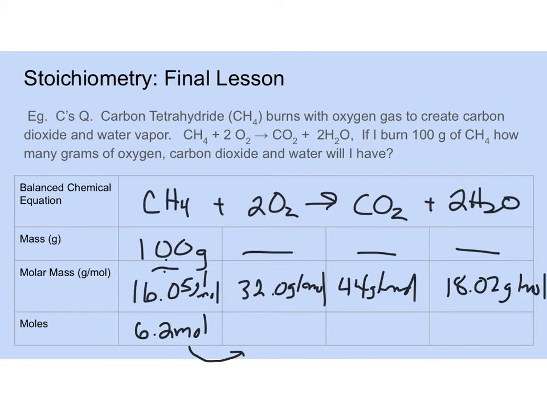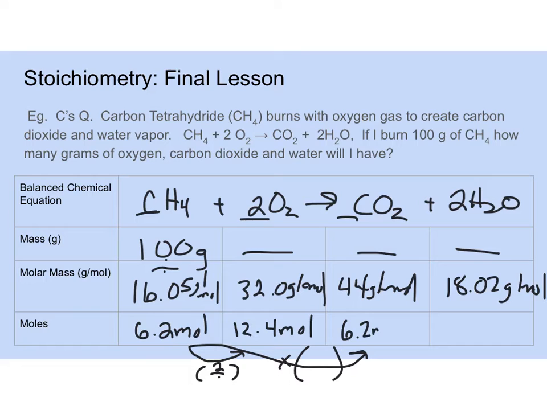In order to do that, I'm going to have to multiply by my fraction, and the fraction in this case happens to be 2 over 1. So that's going to be 12.4 moles. And then if I want to get the number of moles here, I'm going to have to multiply by 1 over 1, so it's the same, so that's going to be 6.2 moles.